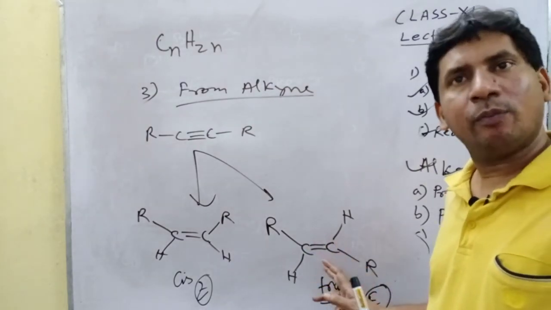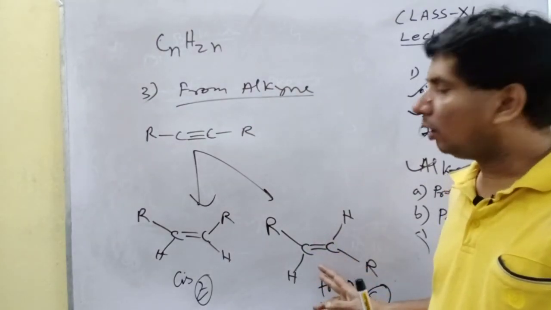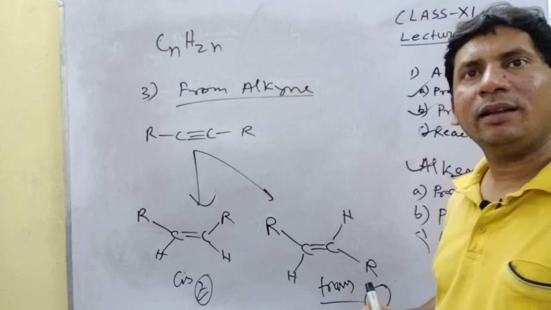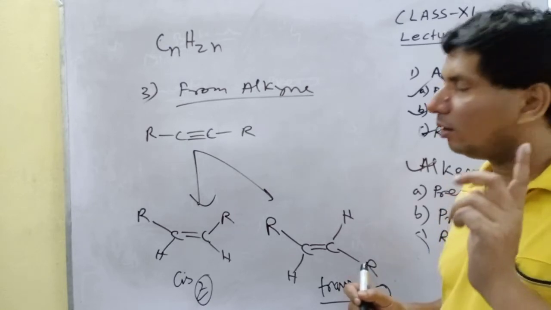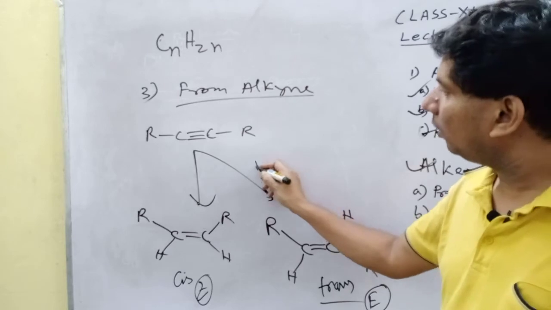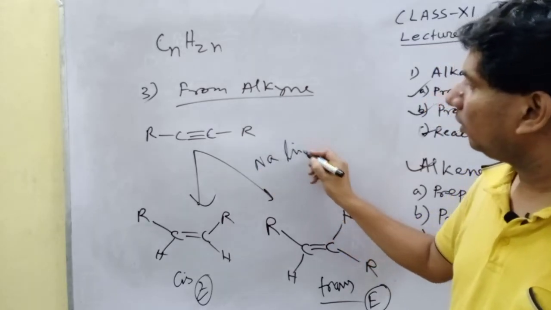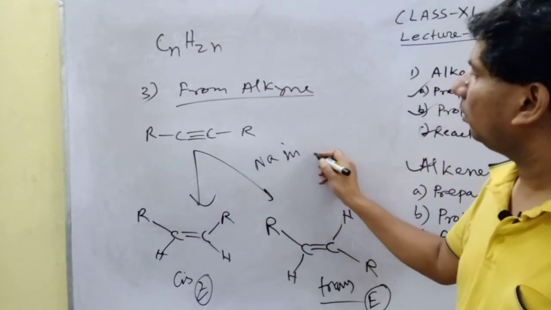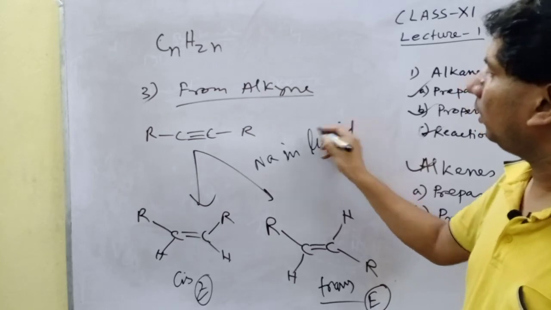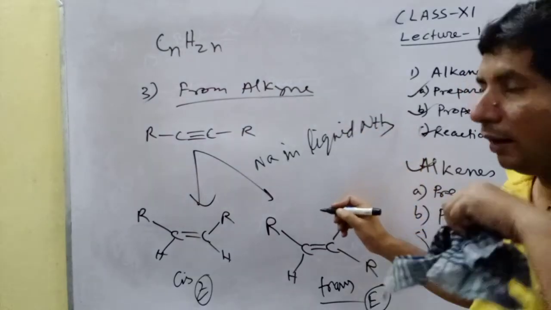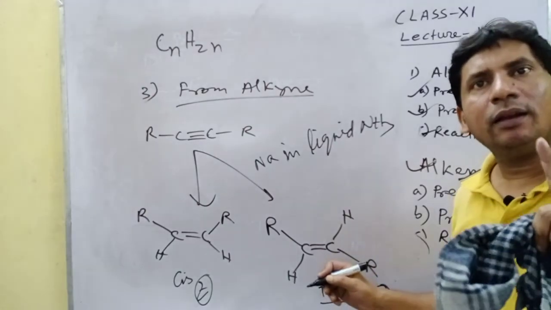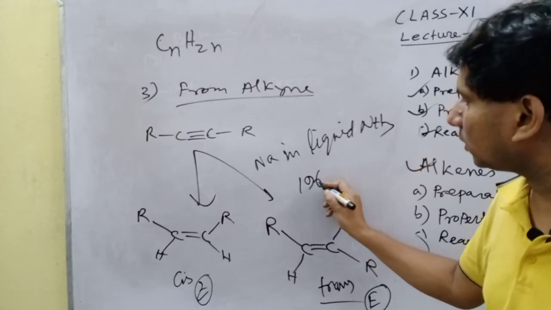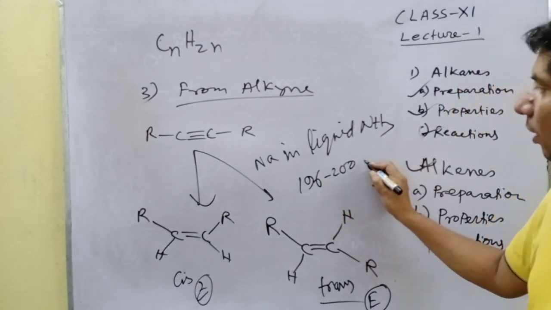This is very important. This is the trans compound. Now this trans compound we can get from the alkyne in the presence of sodium in liquid ammonia, at a very low temperature, that means 196 to 200 Kelvin.